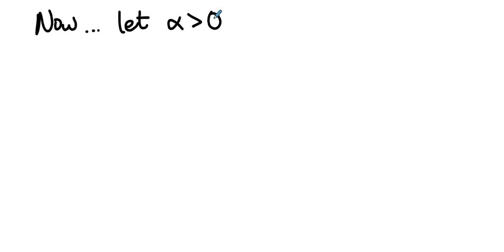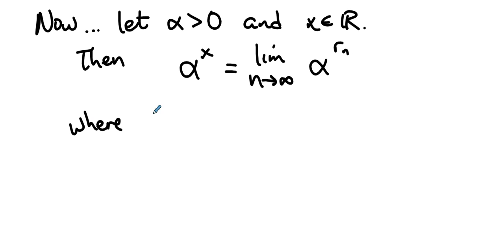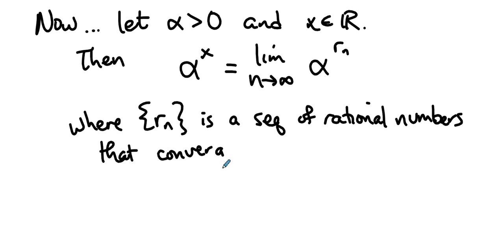So what? Let alpha be some positive real number, and let x be a real number. Then here's what we say. Alpha to the x is the limit as n approaches infinity of alpha to the r sub n, where the sequence r sub n is a sequence of rational numbers that converges to x.